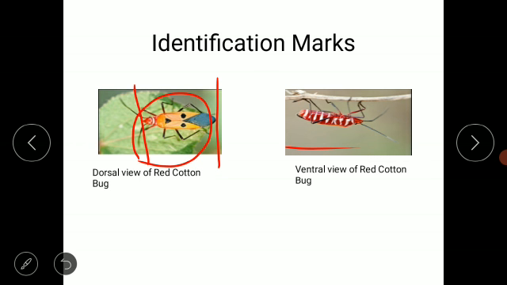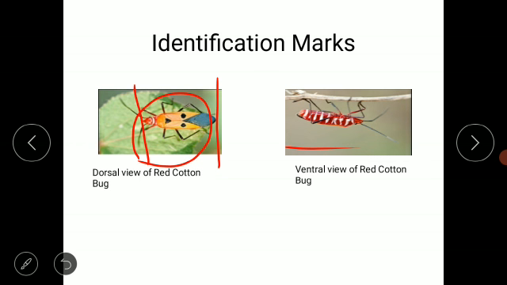Then the scutellum, anal region as well as the antenna, these are the only organs which remain black in color, while all other body parts are red in color. Okay, besides this, the forewings, specifically the forewings, possess black colored spots, and these forewings are membranous.